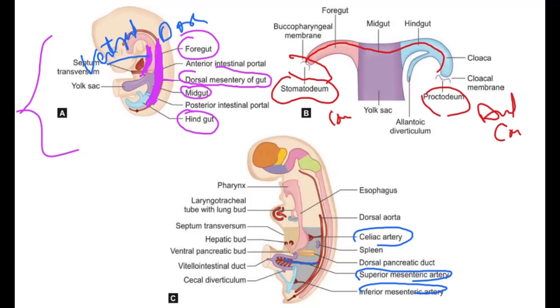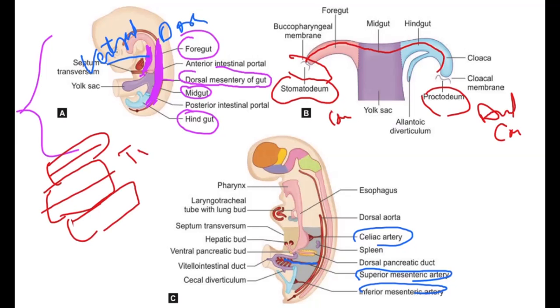At first this is not like this, there is just a trilaminar layer, the trilaminar disc it is called.